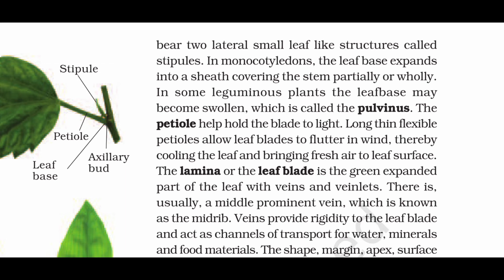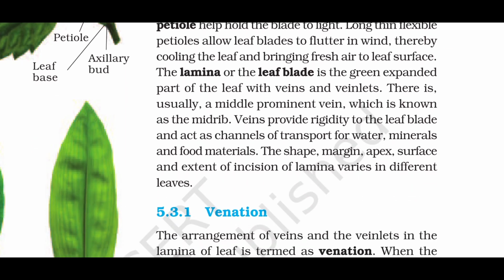The lamina or the leaf blade is the green expanded part of the leaf with veins and veinlets. If you take a leaf, the main midrib that you can see in the leaf is called the main vein, and the small branches arising out of it are called veinlets.